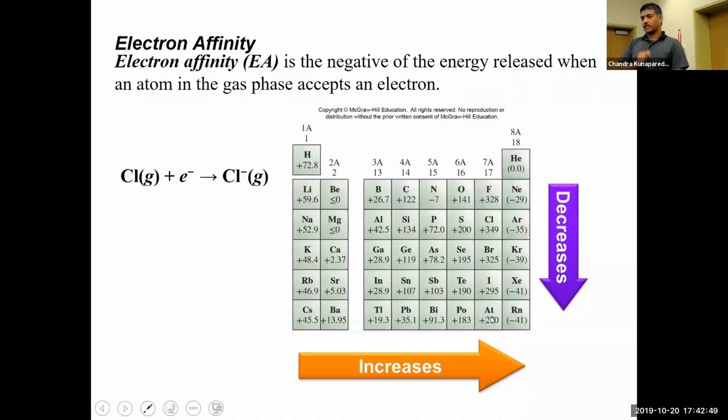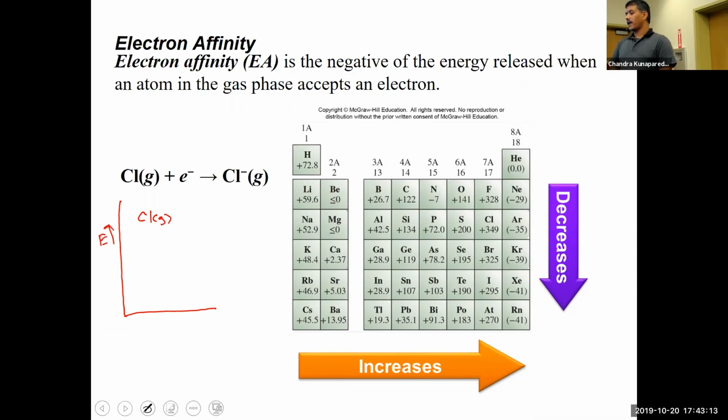Let's see what it meant. If an electron is added to neutral chlorine, let me show you in terms of energy levels. Chlorine that is neutral in the gaseous state is here on the energy level.